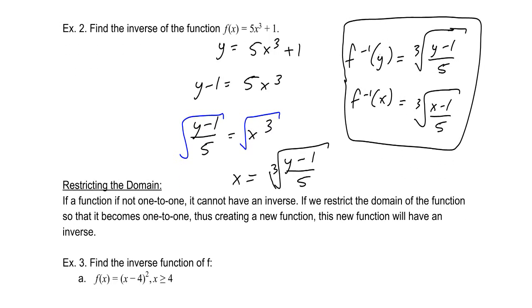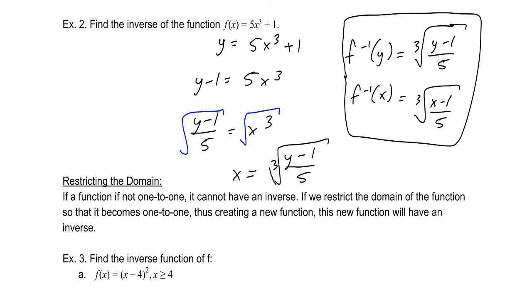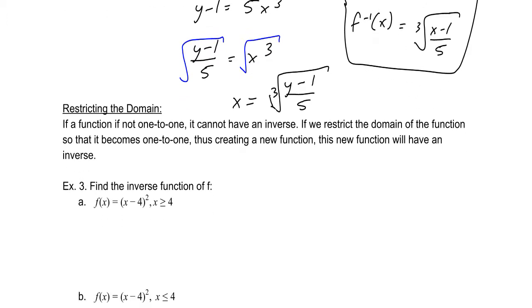Now, in this case the cubic function and the cube root are both one-to-one, but if the function we're dealing with isn't, then we need to restrict the domain so that it becomes one-to-one, making a new function, and then that new function will have an inverse.